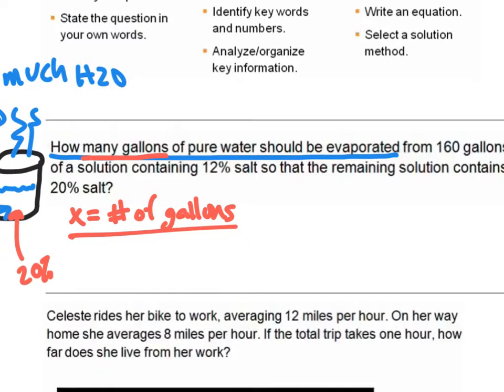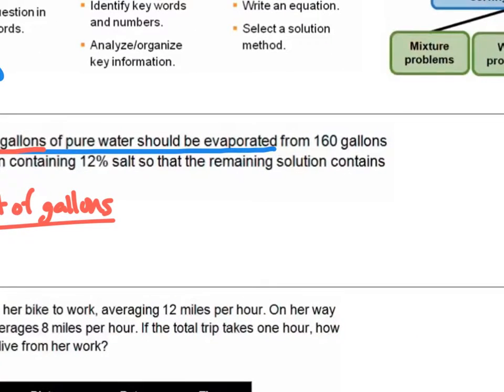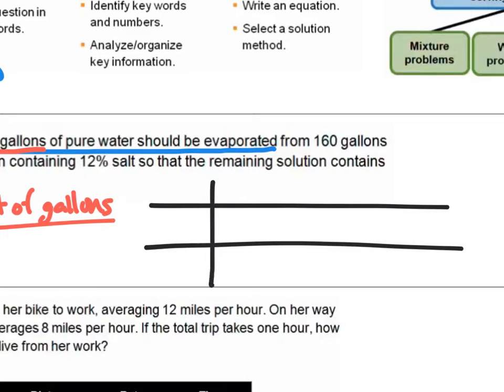So what we need to do is create a table. All these problems kind of help out with our tables, or we have to use a table to solve these problems. So what I want you to do is draw this table here. I want you to draw a line here, here, here, here, and here. This is the amount of salt in that part, and this is the total solution.